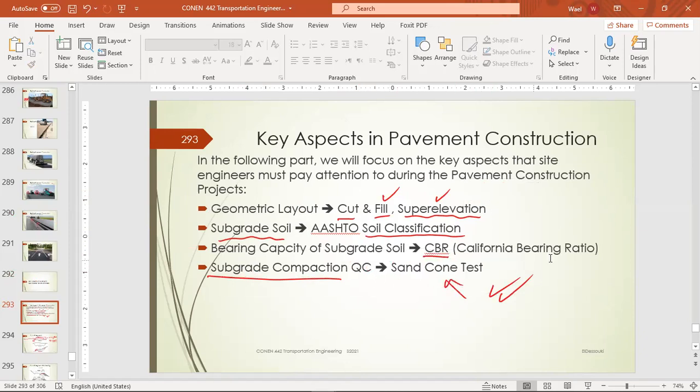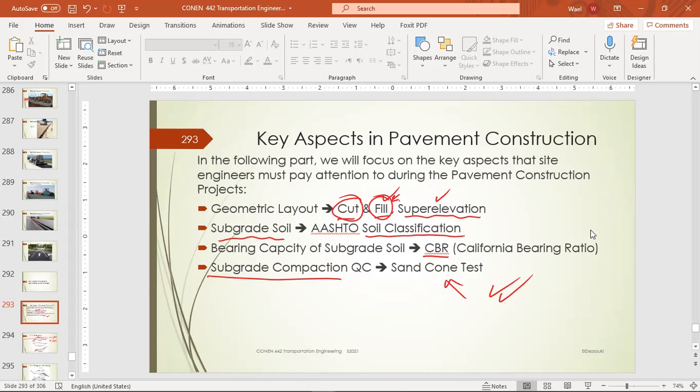First of all, the geometric layout. The geometric layout is critical for you in terms of the cut and fill. The fill is very critical because it needs compaction. If there is a fill with poor compaction, then the project is a failure.